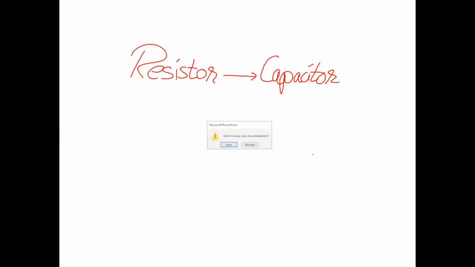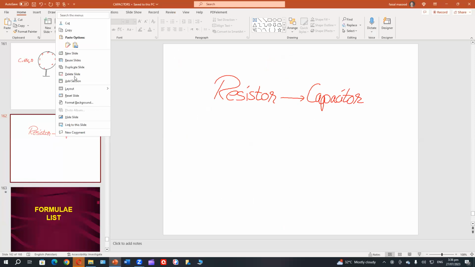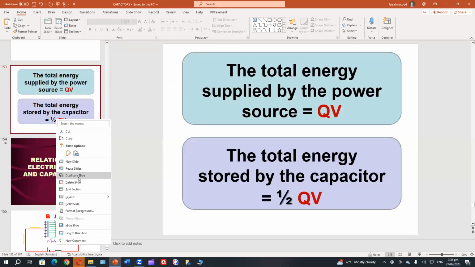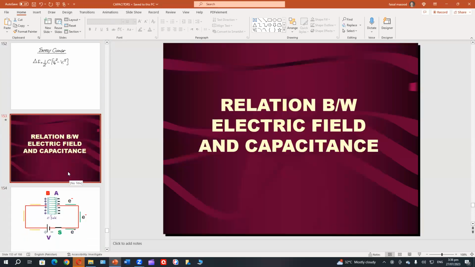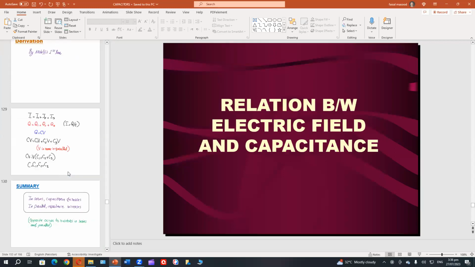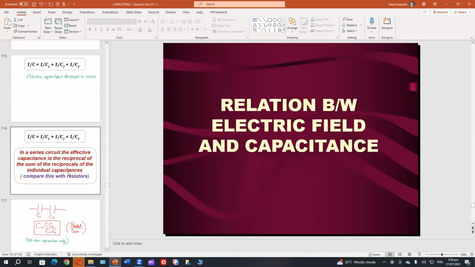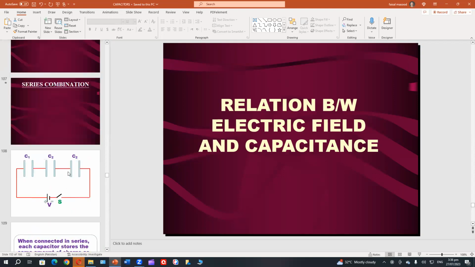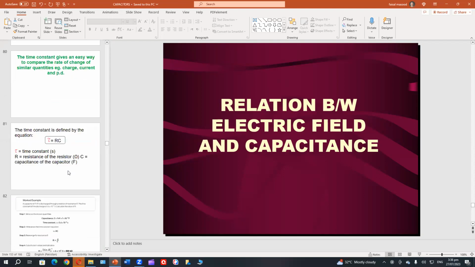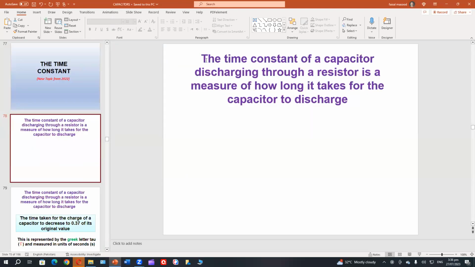Now, right under it, this formula shows that when a capacitor is fully charged, it possesses an electric field.